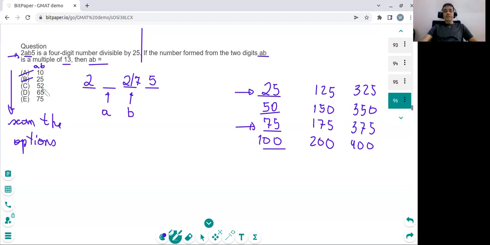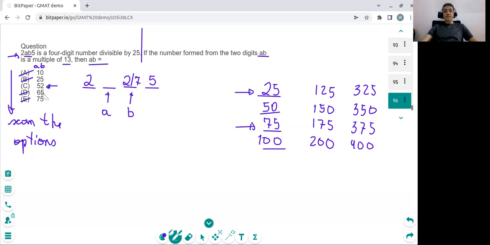Can it be 2? Oh, 2 can be. Can it be 5? No, cannot be 5. Can it be 5 again here? Cannot be 5. Just because of this, the problem is solved. We already have an answer.